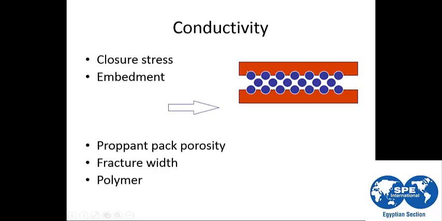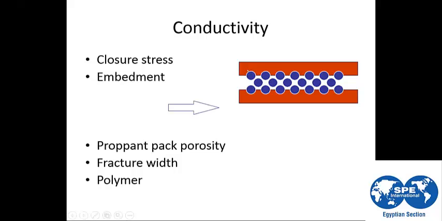What is embedment? If we assume this rock, and this is a proppant between the two sides of rock inside the frac, the embedment of the proppant is called this.